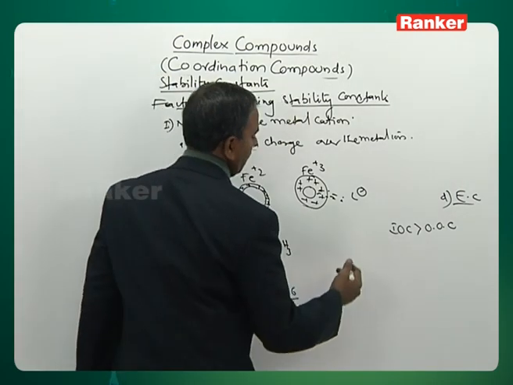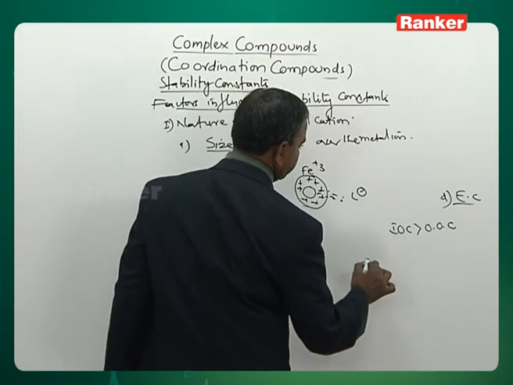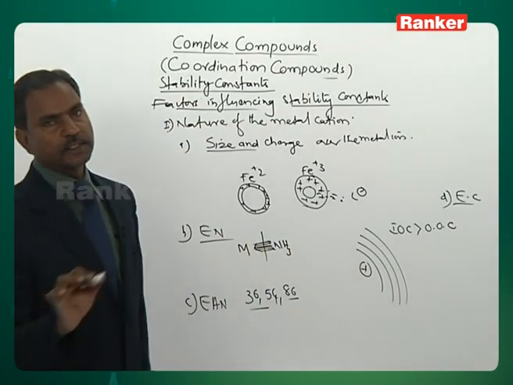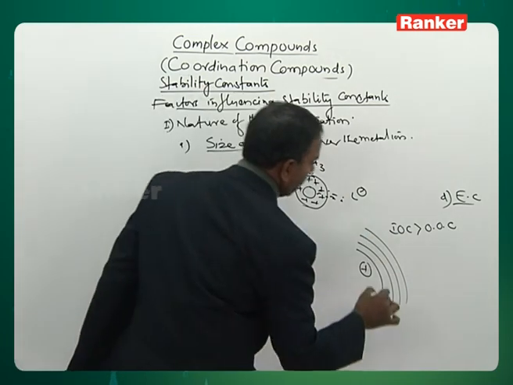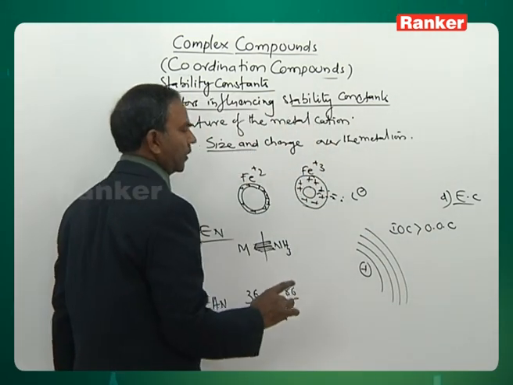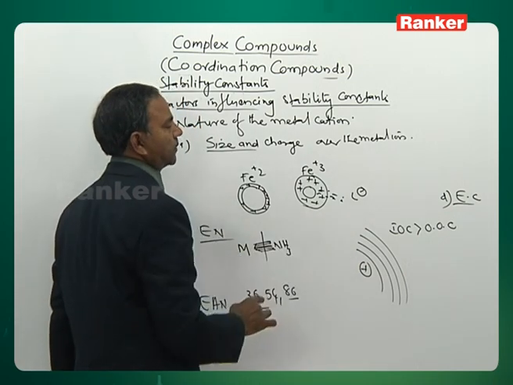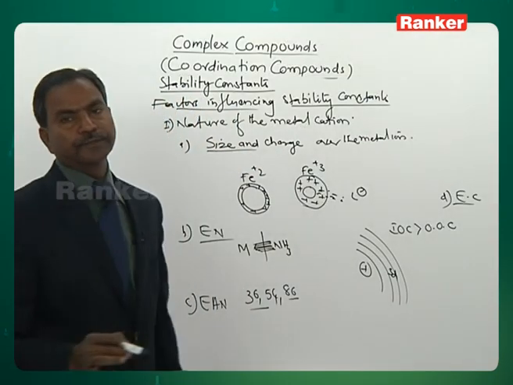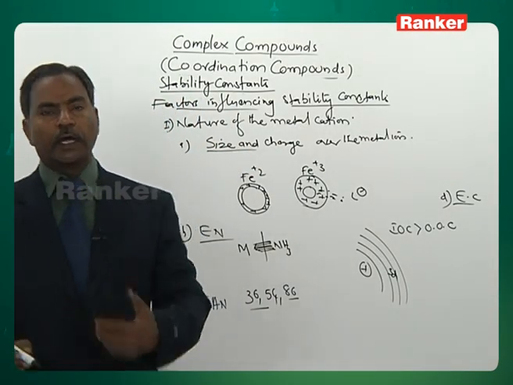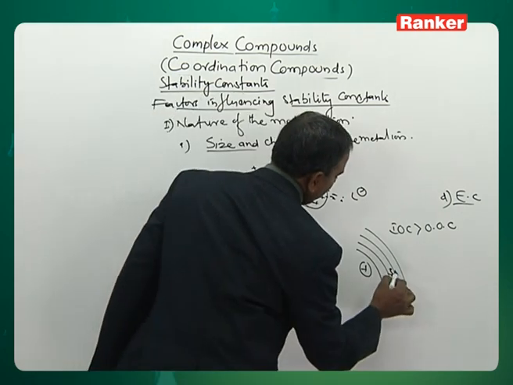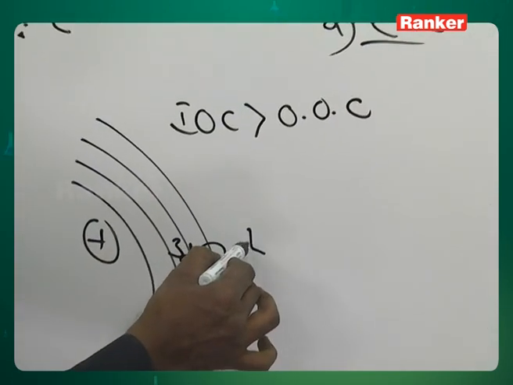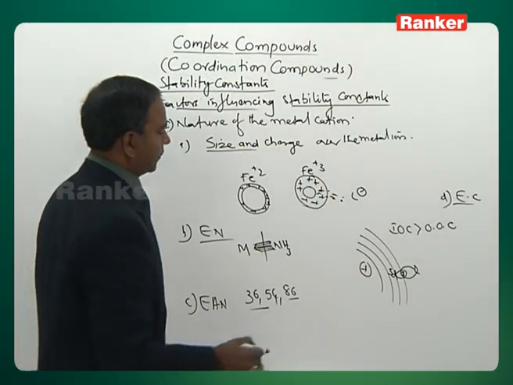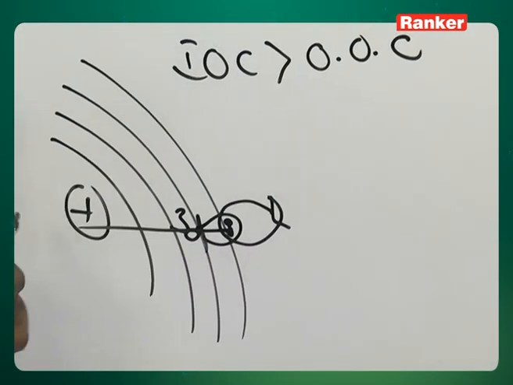Now consider the 3d series. Suppose 4 shells are written: 1, 2, 3, 4. For an inner orbital complex, we are talking about a 3d element. If you consider an inner orbital complex, the 3d orbital is involved. With the 3d orbital involved, clearly you observe the bonded pair of electrons from the ligand will be near the nucleus of the metal ion.